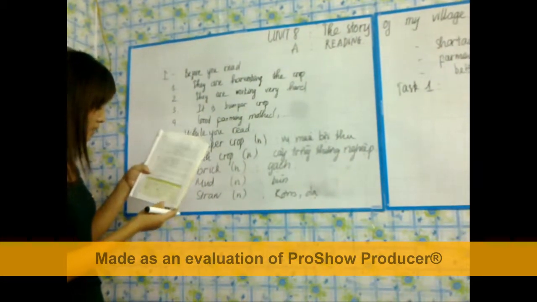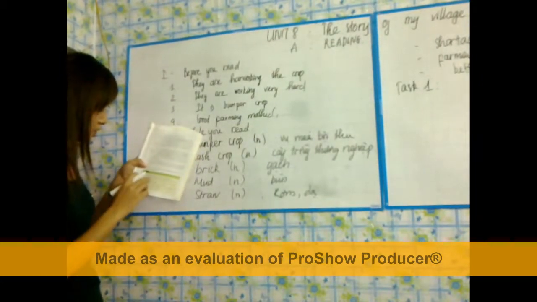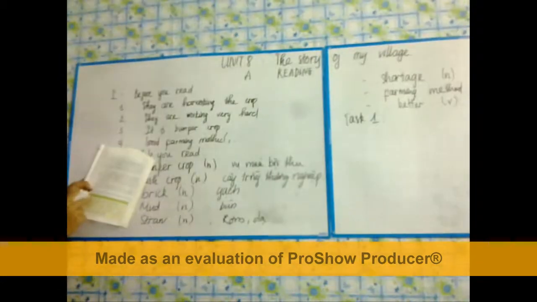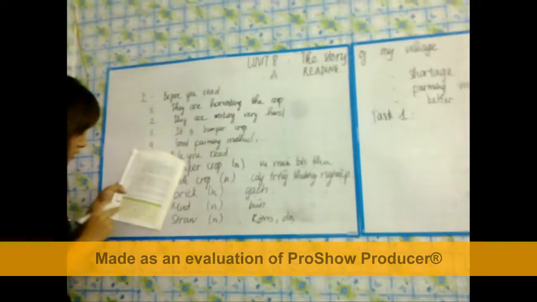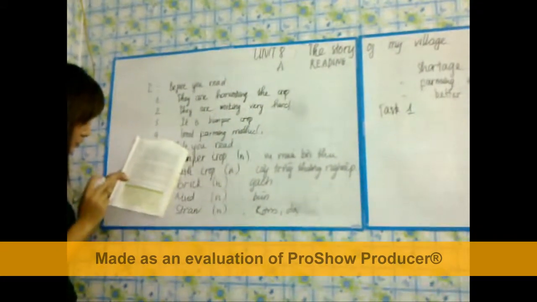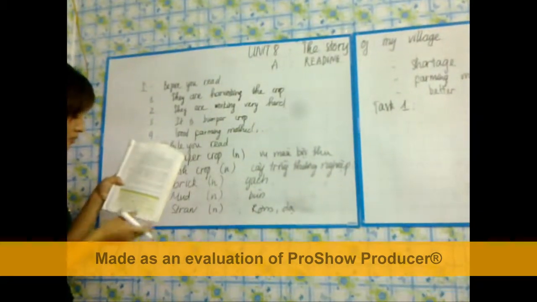Number one, make and match. Number two, in need of many things. Number three, patching one line. Number four, bumper crop. Number five is cash crop.